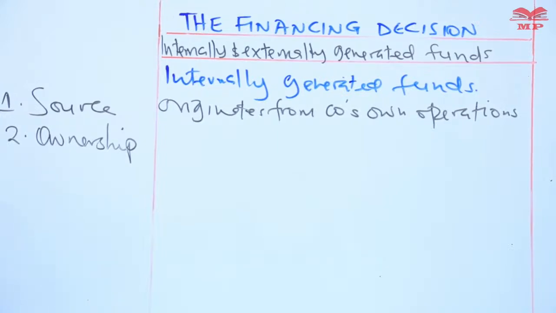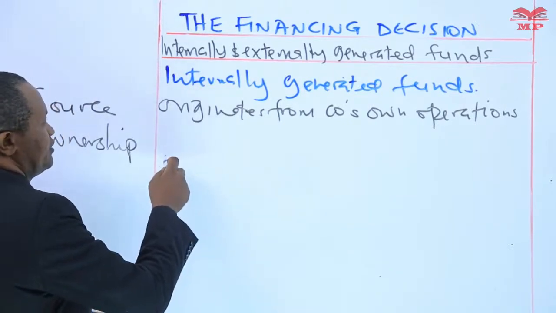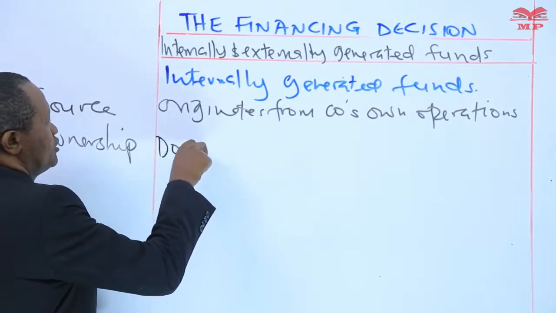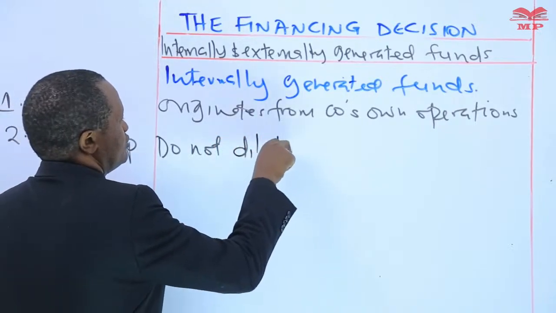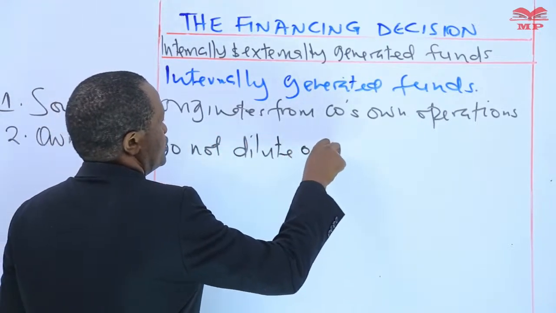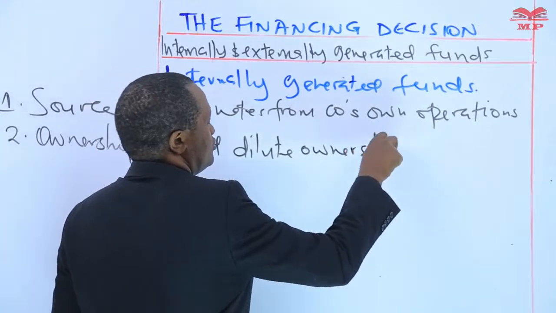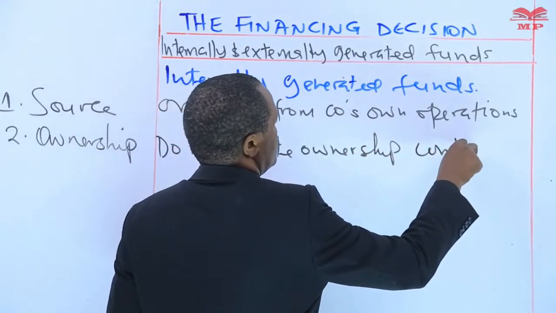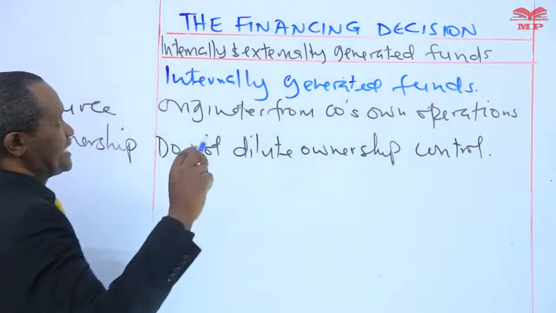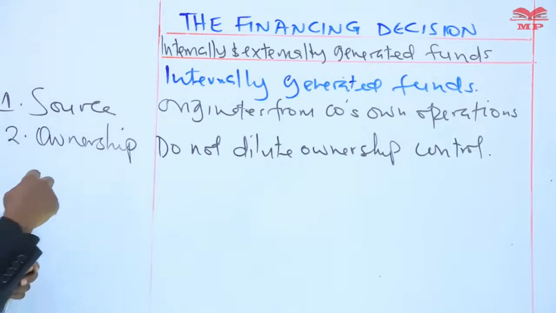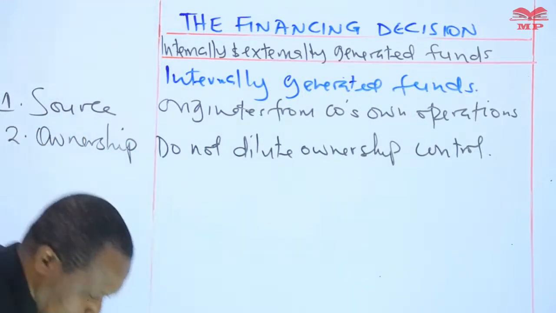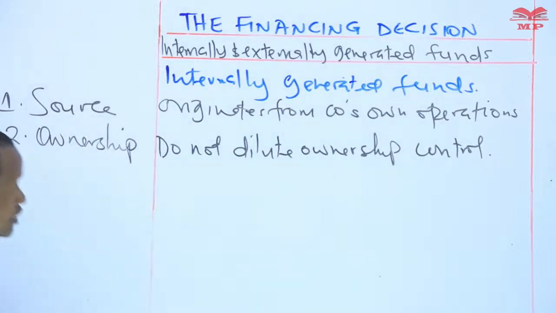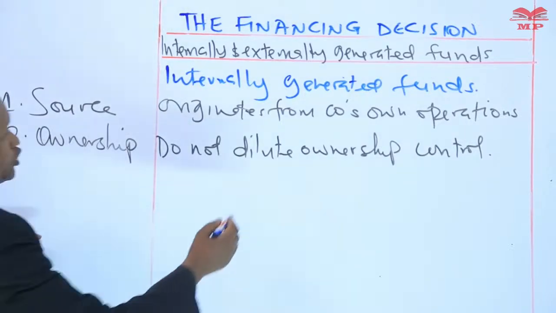But externally generated funds dilute the ownership control.